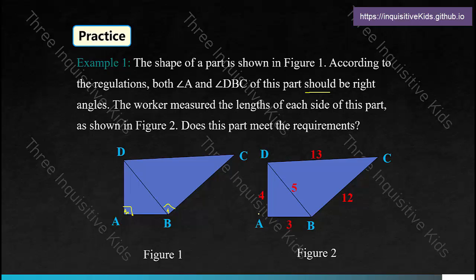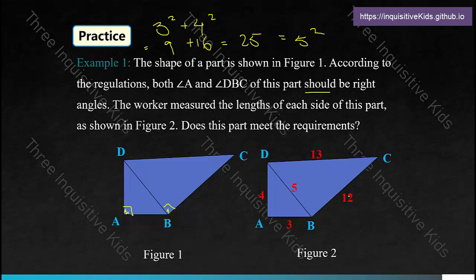So now let's just see if it applies. 3 squared plus 4 squared would be equal to 9 plus 16, which is 25, which is also equal to 5 squared. So then, yes, this does apply to the Pythagorean theorem. So we already know that angle A is a right angle.